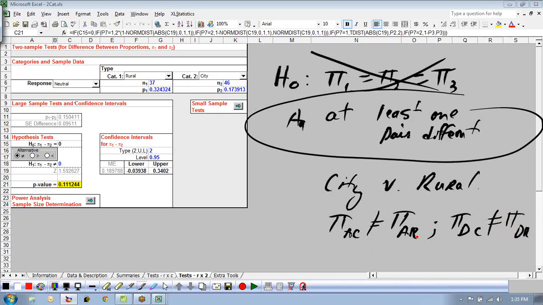But we can't say that for neutral. The amount of neutrals are not really different in city versus rural. So it allows us to go in and take a real substantial look at this. City versus rural really is a driver of that result. It's really driving the results. It's really a key explanation of why we're getting the results that we get. We found it to be statistically significant by doing that chi-square test.